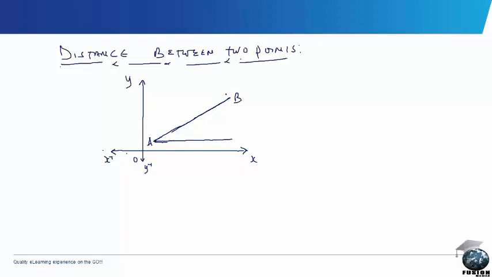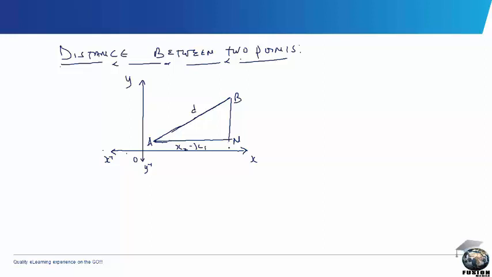We wish to find the distance. Maybe we denote their intersection as N, while D is the distance. So we need to know that the distance between point A and N is x2 minus x1.